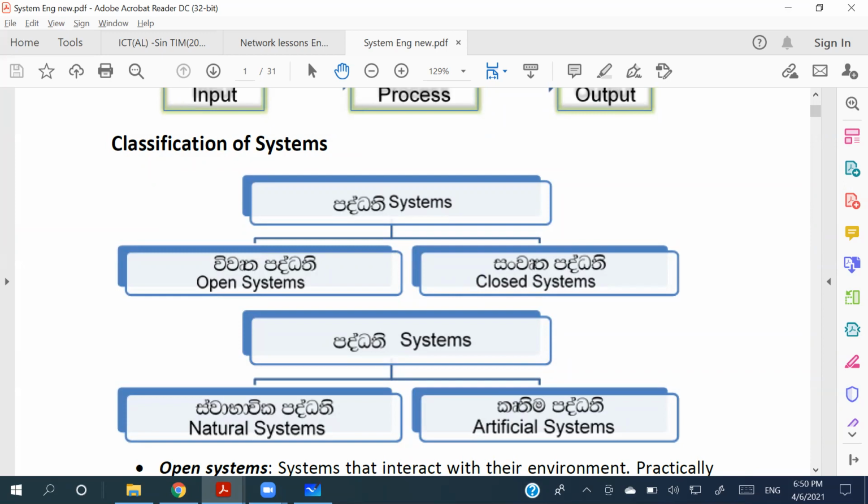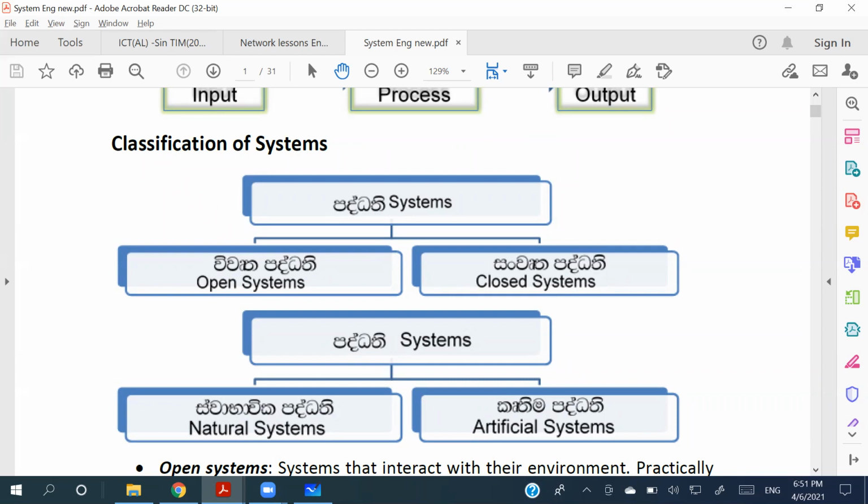It's a special scenario, and there are limited interactions. If we have many interactions with our environment, then we call it an open system. We call it a closed system if it has no interactions with the environment or very minimal interactions with the environment.